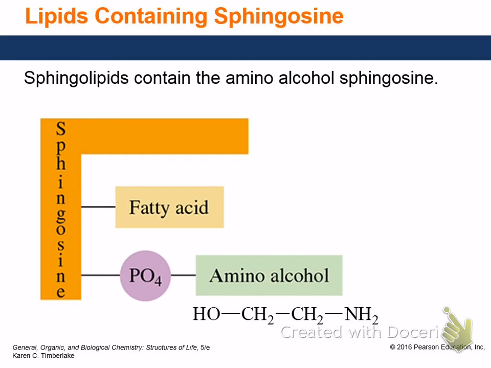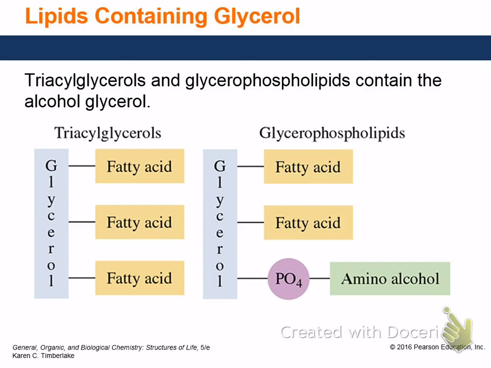So sphingolipids. Okay, so that's what this sketch means. This is the glycerol, and then you have the acyl groups from the fatty acids attached. The one I drew was saturated because there are no double bonds, it's all single bond. And in glycerophospholipids, you actually have a phosphate group in between, and I'll show you how that works in a second.